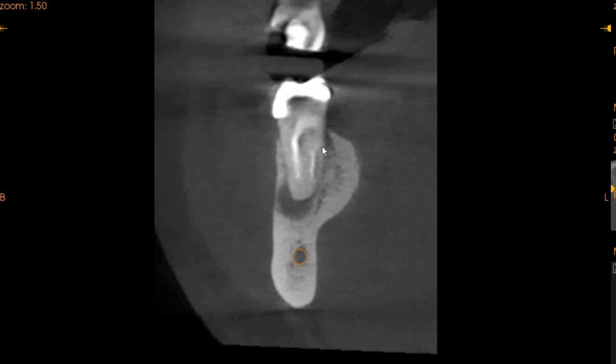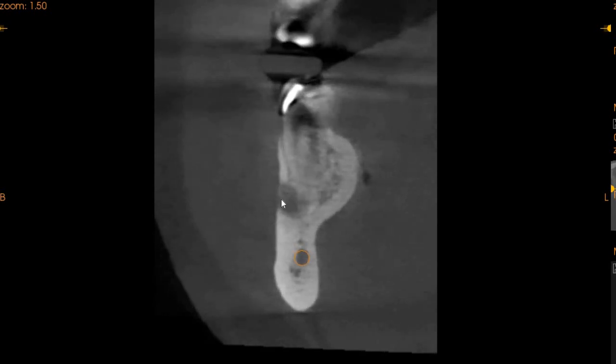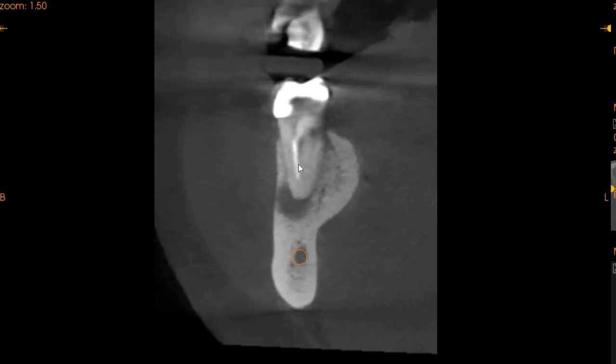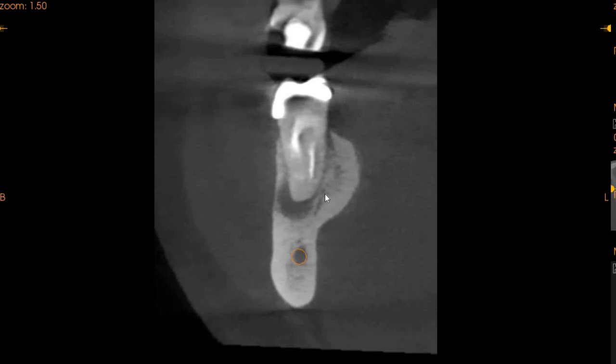So the mesial root has a periapical radiolucency as well, and this radiolucency is actually perforating the cortical plate as well. But we don't see any pathological lesions such as a cystic lesion. This could be a very small periapical cyst, but most likely a periapical granuloma is suspected in such a case.